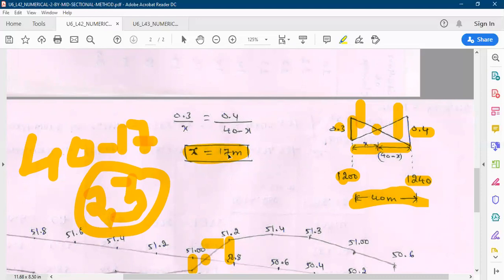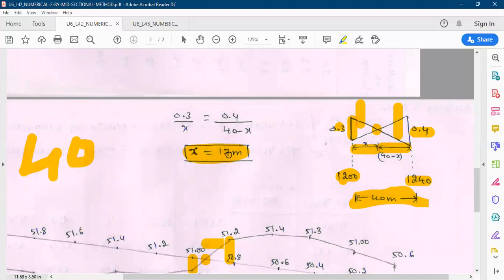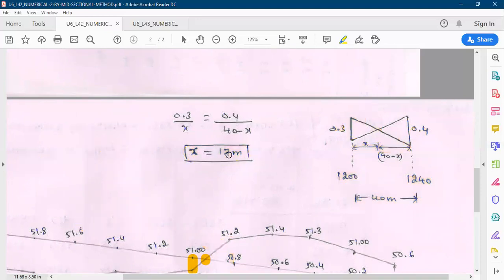That means up to 1200 meter distance it will be filling, right? So from 1200 to 1270, including this 70 meters, right? So 1270 here will be having filling. From 1270 to 1240, this will be coming in cutting, right?